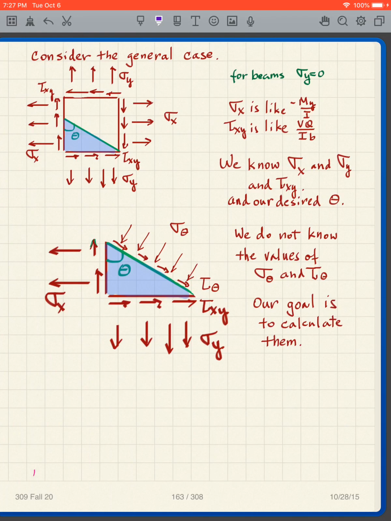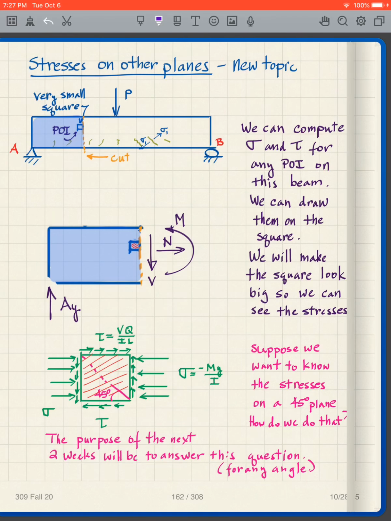What we're going to do is consider the general case. So in other words, here we're analyzing a beam. We're looking at one point on a beam, but that's because we're analyzing beams in this class.